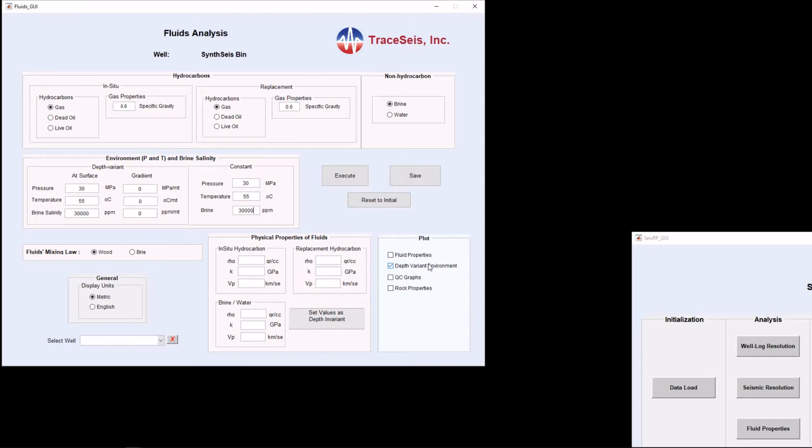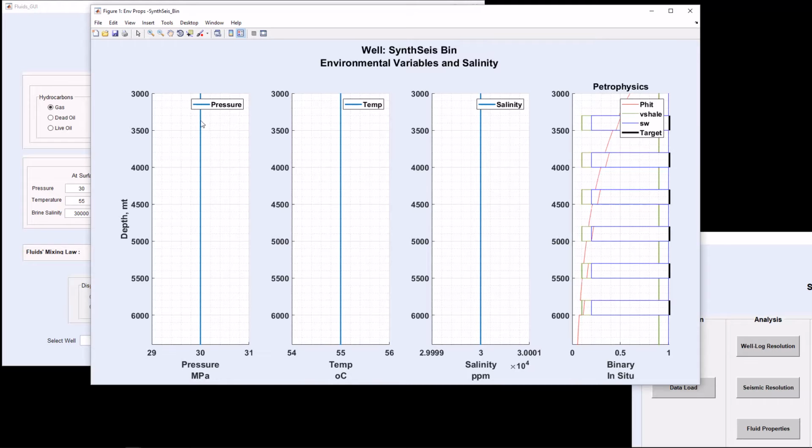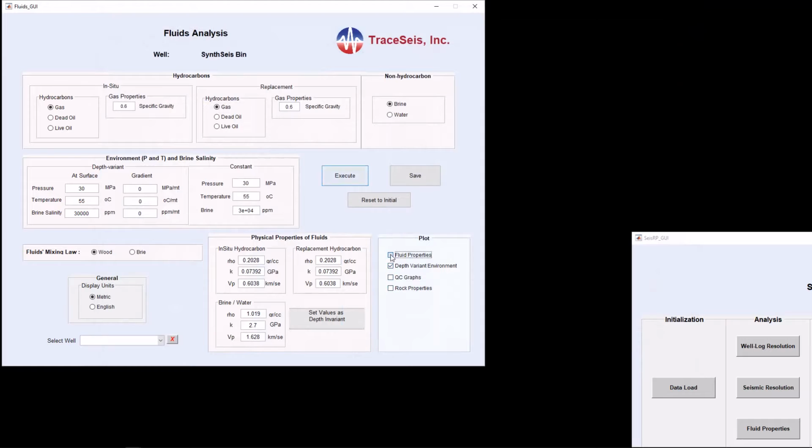We can again QC the depth variant environment. In this case we set it as constant, 30 megapascals, 55 degrees centigrade, and 30,000 parts per million. And we can also QC the fluid properties.